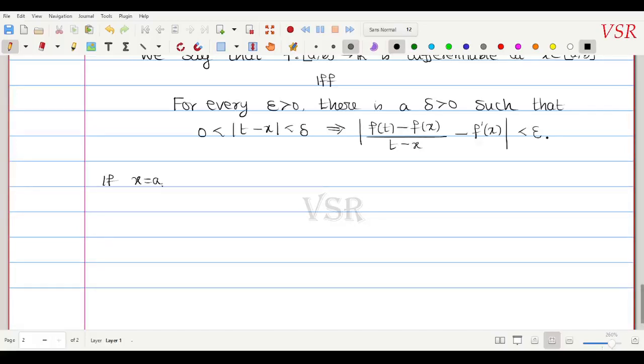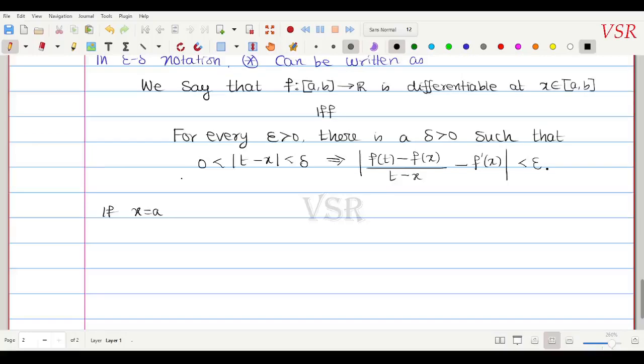For every epsilon positive there exists a delta positive such that whenever, here is a, here is x. Then around x you cannot draw a circle like this, correct? So only we will talk about this side.